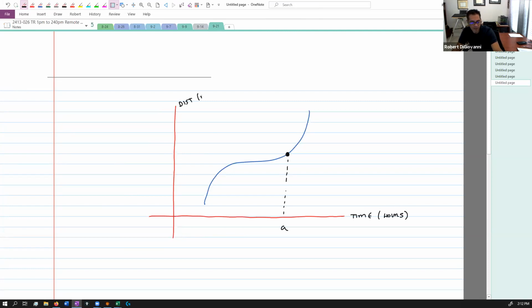And let's make distance in miles. Then if I said, hey, what's f prime of a here, right? f prime of a is going to be the slope, right? The slope of that line.